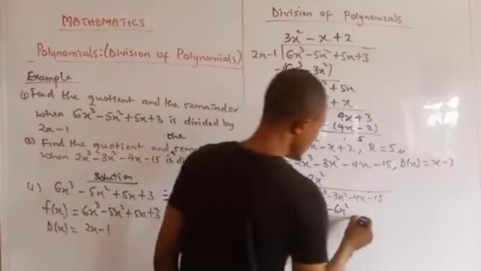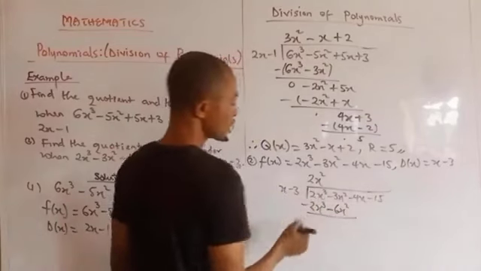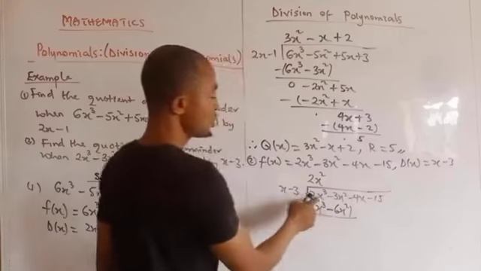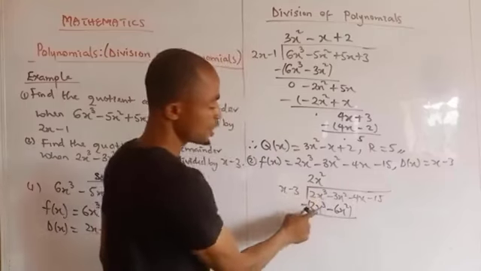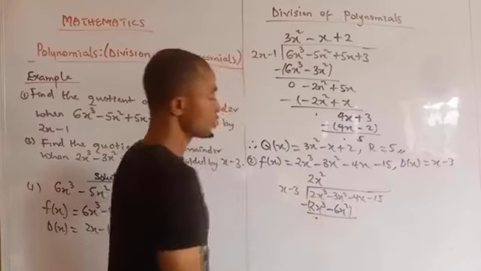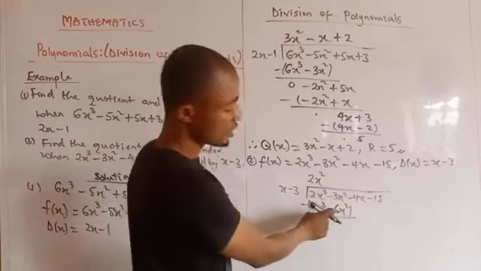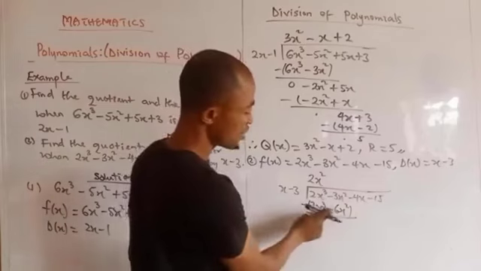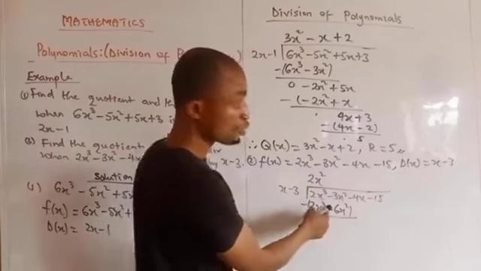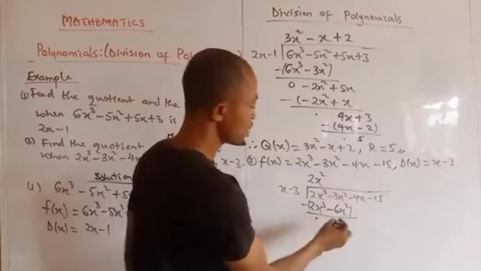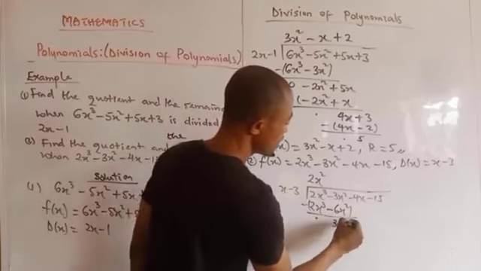Then what we do next is to subtract. So we subtract 2x cubed minus 2x cubed, that's 0. Minus 3x squared minus again 6x squared. Negative will affect negative, we multiply negative, that will turn to positive. So minus 3x squared plus 6x squared will give us 3x squared.